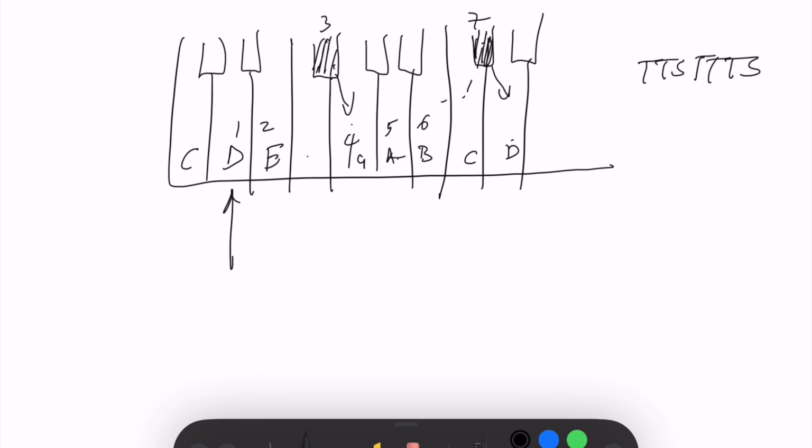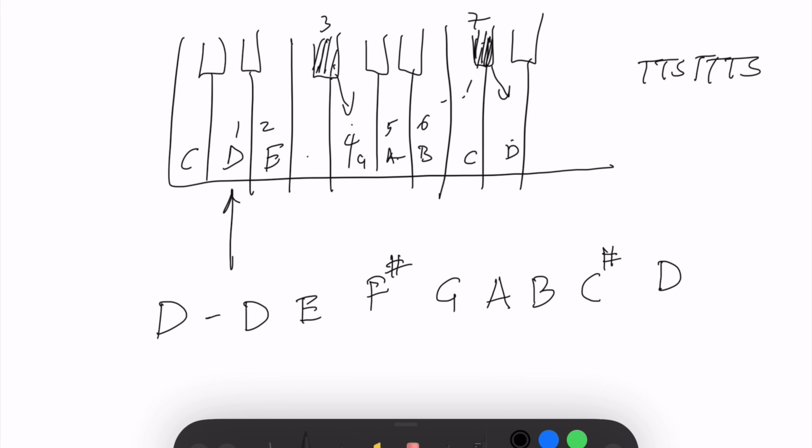So eventually for D, you have D, E, F sharp, G, A, B, C sharp, and D again.